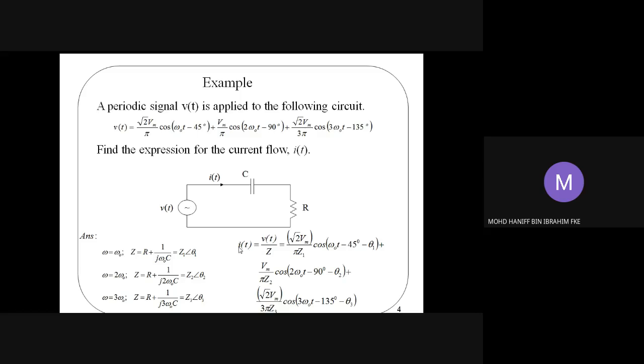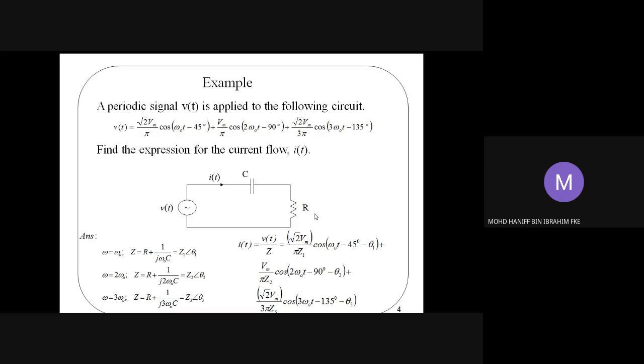I won't be covering these issues because it's similar to the previous example. The difference is that we are having another passive component, which is R here. Previously we had capacitance only, but now we have the addition of R. So the changes will be on the impedance value.